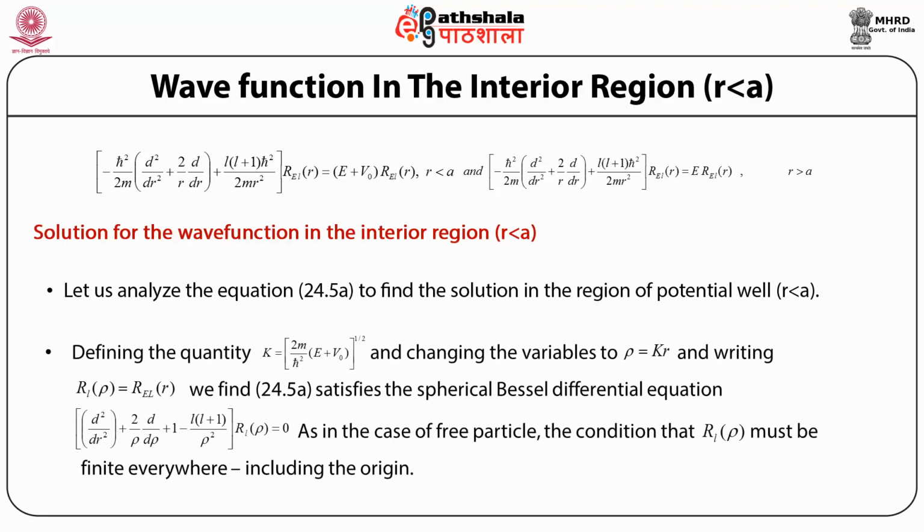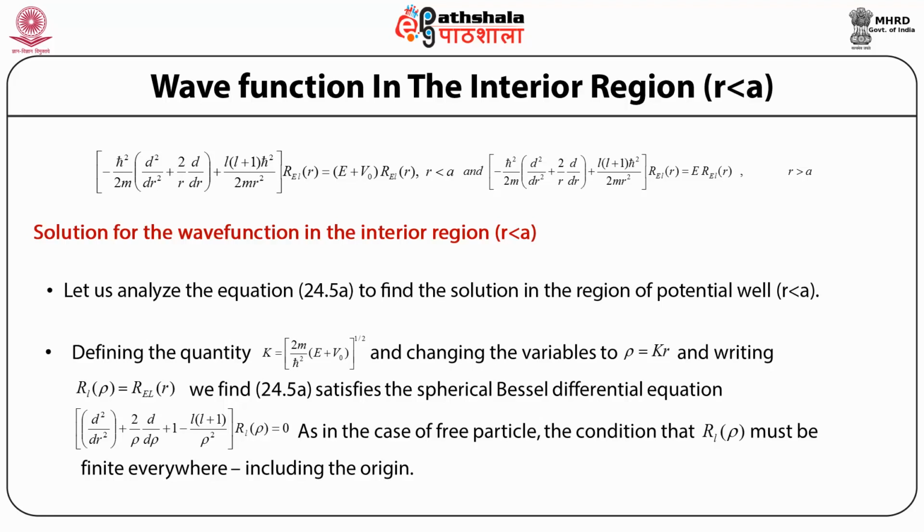Defining the quantity k equals the square root of 2m by h bar squared into (E plus V0), and changing the variables to rho equals kr and writing R_L(rho) equals R_{EL}(r), we find 24.5a satisfies the spherical Bessel differential equation: d2/d rho square plus 2 by rho d/d rho plus 1 minus L into (L plus 1) by rho square, acting on R_L(rho), equals 0.